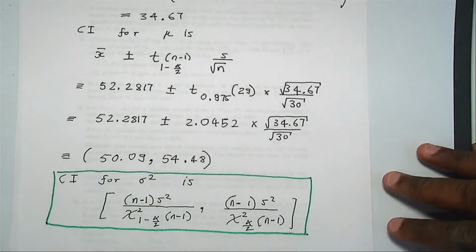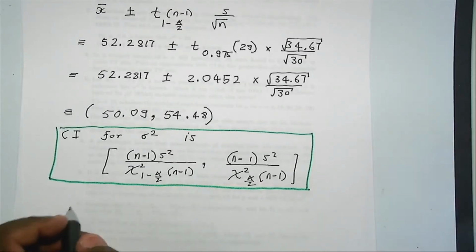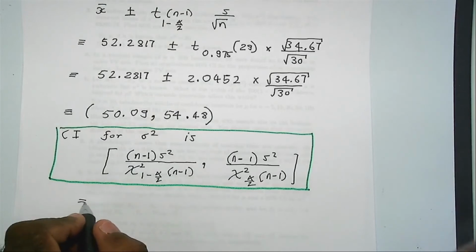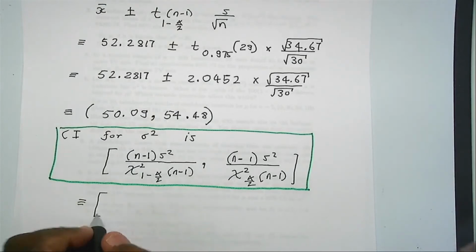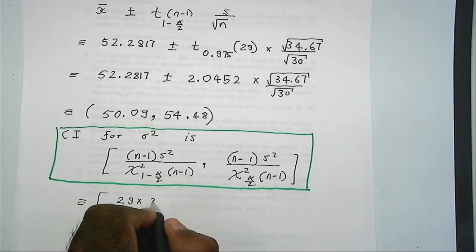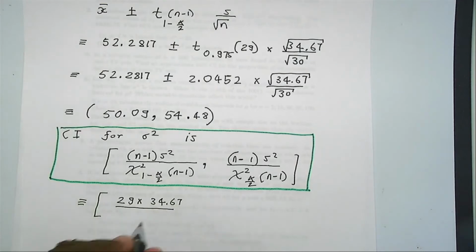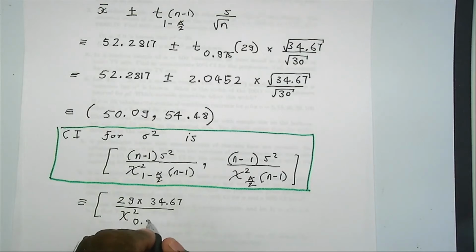Okay. Right now, if you sub in the numbers, we know what s squared is, we know what n is, so this is going to be 29 multiplied by s squared, which is 34.67. Alpha is 0.05, so this is going to be chi squared 0.975 with a degree of freedom of 29.